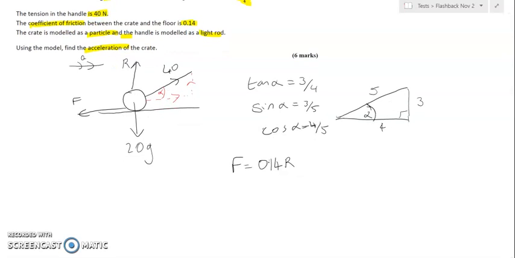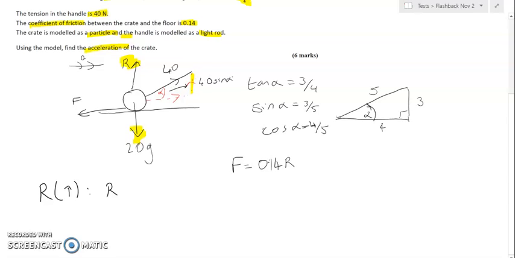So let's look at what's acting in the vertical plane. We've got several forces acting in the vertical plane: R, this force here, and 20g. So if we resolve vertically, we've got R going upwards, and this vertical force here, which is 40 sine alpha because it's opposite the angle.